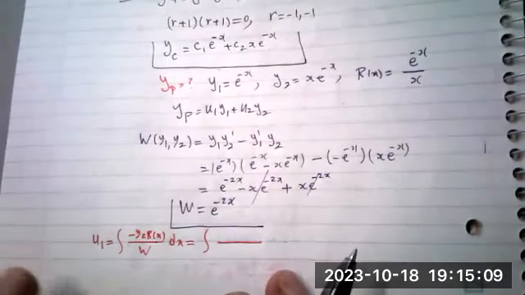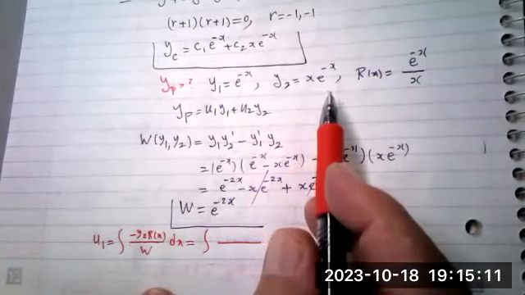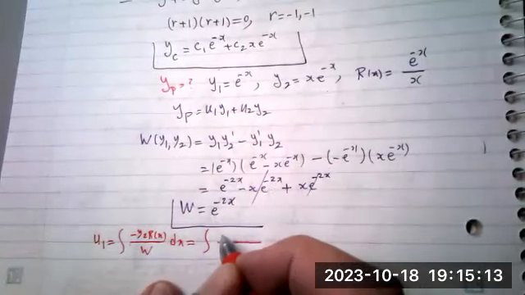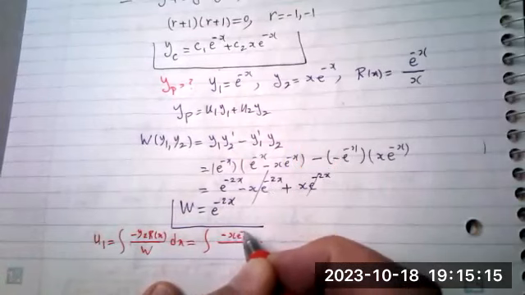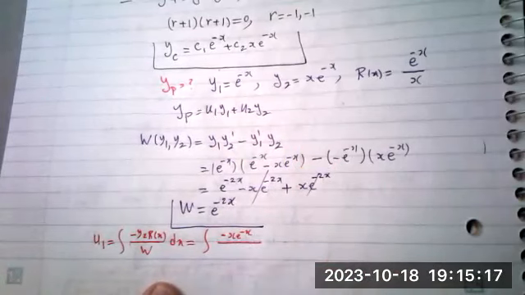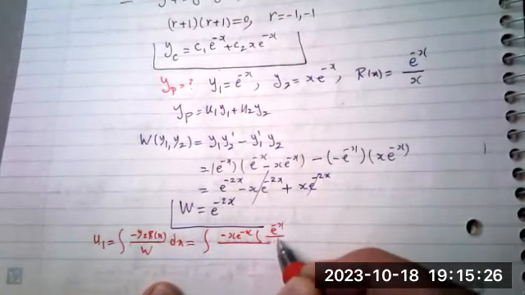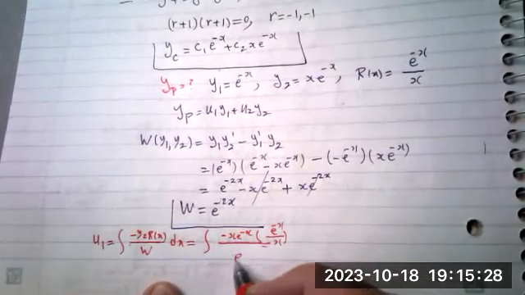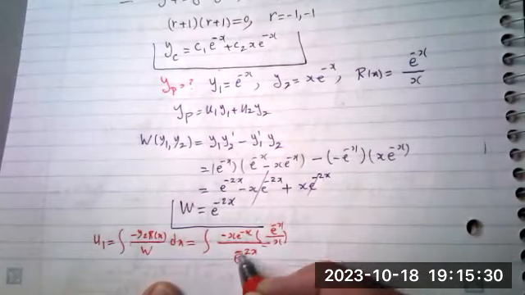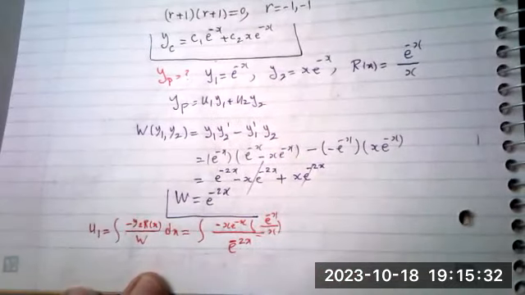Your y2 is x e to the negative x, so it's going to be negative x e to the negative x, times R(x), which is e to the negative x divided by x, over the Wronskian, e to the negative 2x.